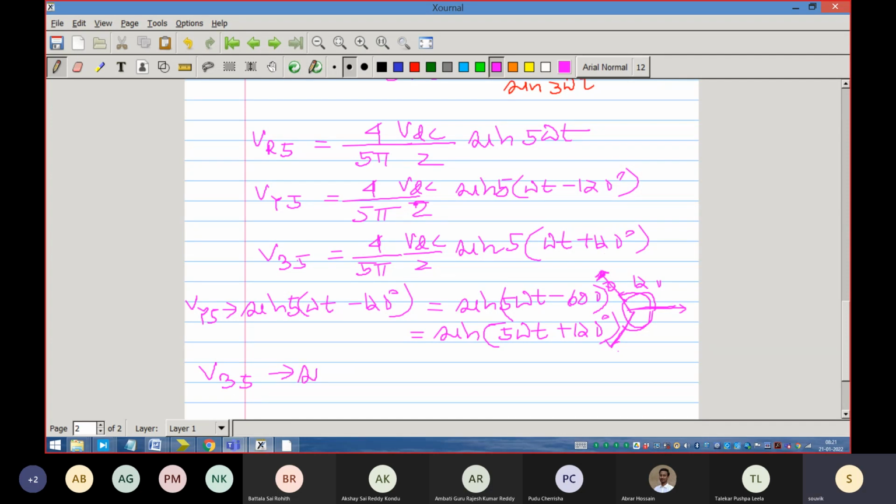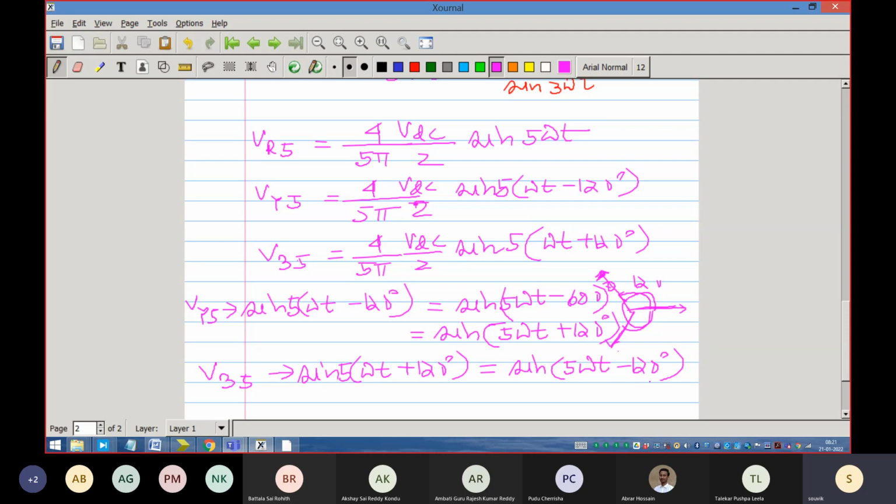So this is sine of 5 into omega t plus 120 degree, which essentially means that it will rotate, and then finally it will become equal to sine of 5 omega t minus 120 degree, right?